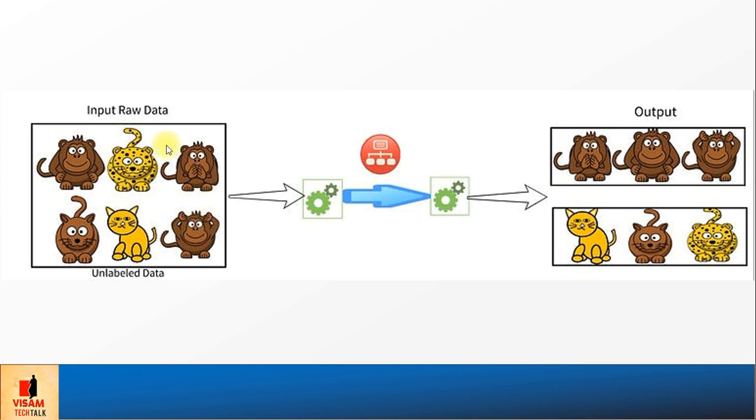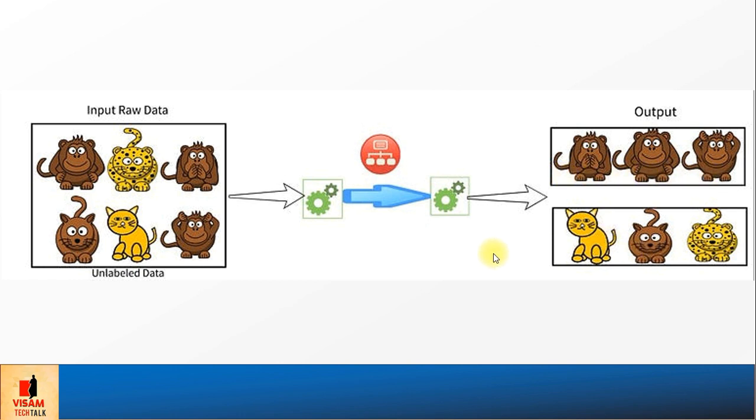The algorithm has to understand based on the pattern, and restructure the input data into new features or a group of objects with a similar pattern. So in this raw input data, the patterns are different. These 3 are in one pattern, these 3 are in another pattern. So it is going to categorize based on the pattern.